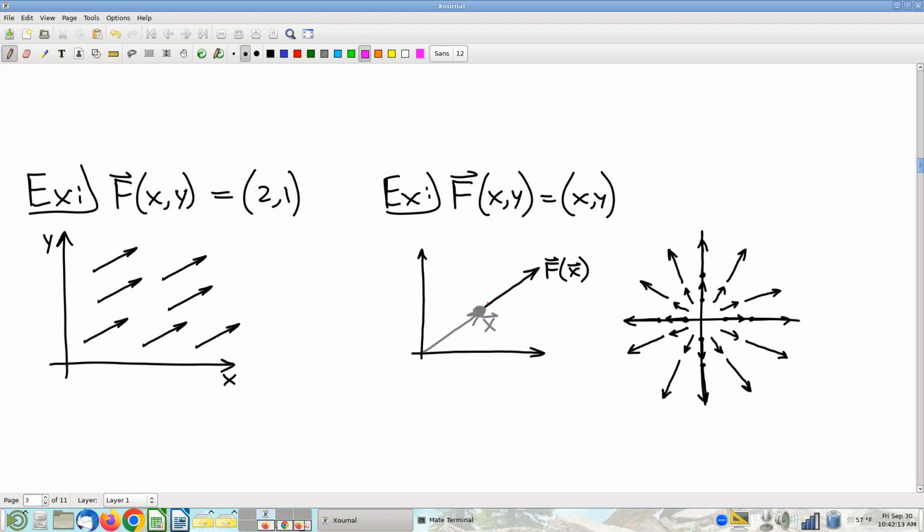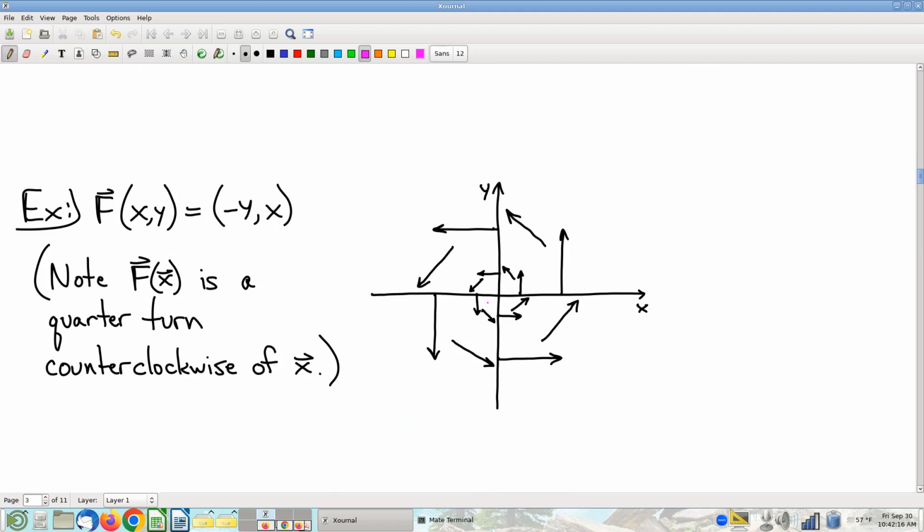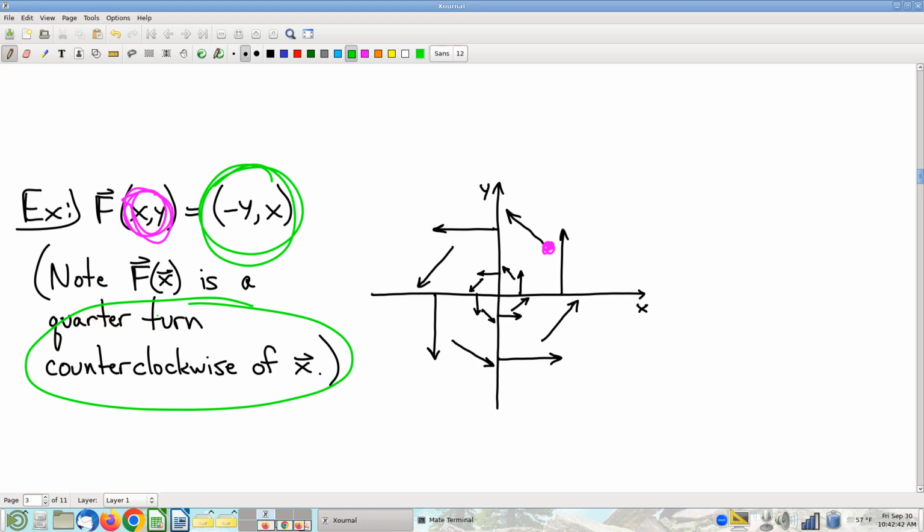There we go. Okay, here's a weird one. This is where we're going to use a little bit of linear algebra, so I'm going to remind you that we already know a relationship between x, y, and negative y comma x. So think back to linear algebra and matrices, etc. I claim that this field vector is just a quarter turn counterclockwise of the position vector. It's not x, y, obviously, but if you rotate the position vector x, y a quarter turn counterclockwise, you will get negative y comma x.